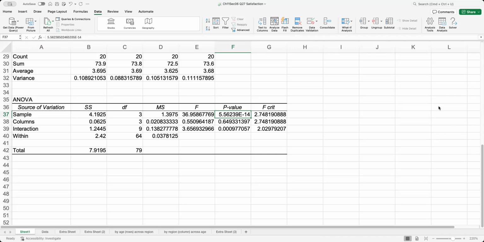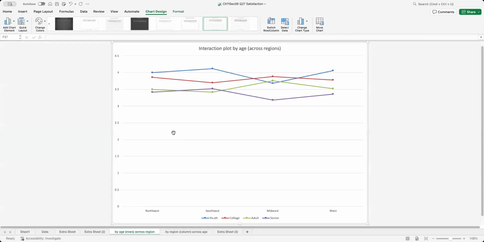Let's look at the interaction plots because we decided there is some interaction. So I'm going to graph this both by region and by age. So here, I'm graphing the average from each across the region. So you'll notice that my column designations here, Northeast, Southeast, Midwest, and West, but then I've got a row for the blue, a row for the red.